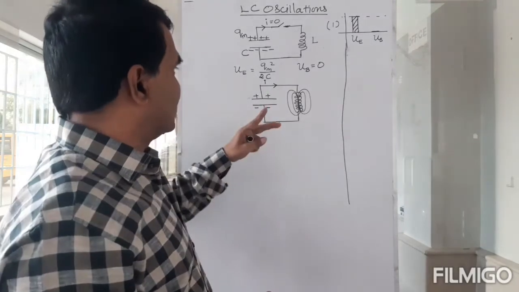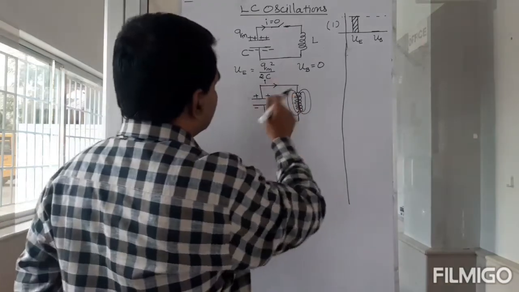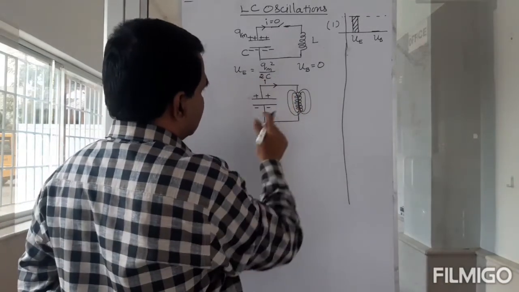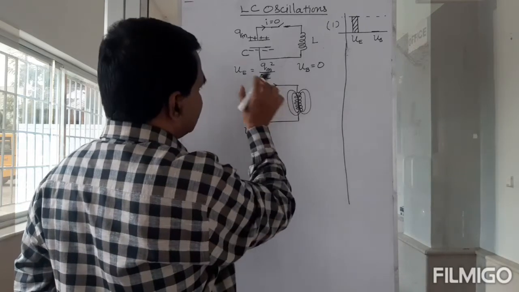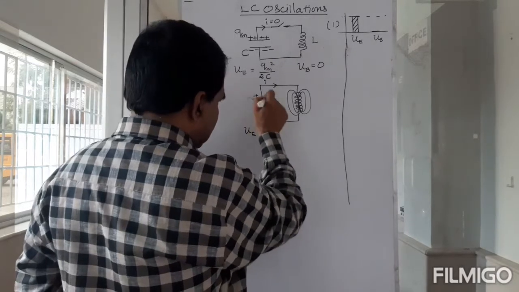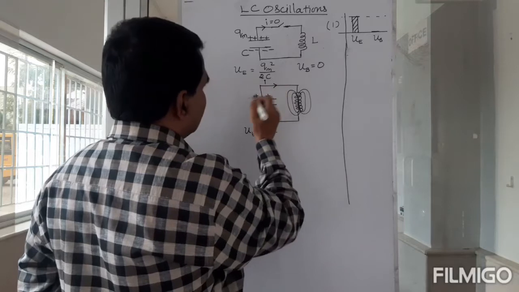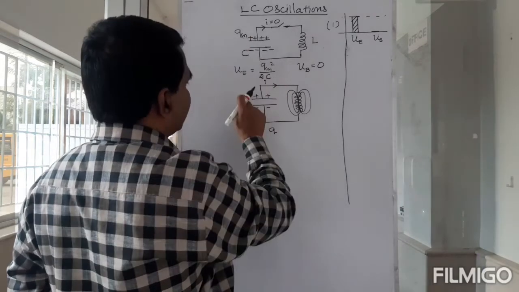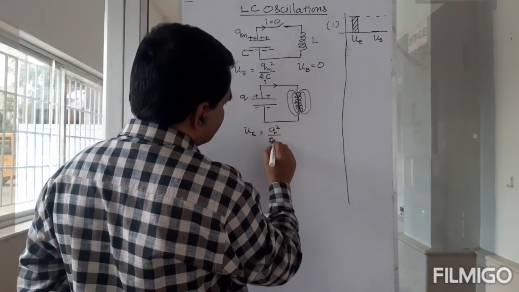So as the current starts flowing, you now have reduced charge. Since you have reduced charge, this energy would be Q squared divided by 2C, whatever Q you have now. You don't have Q maximum, now you have some Q.